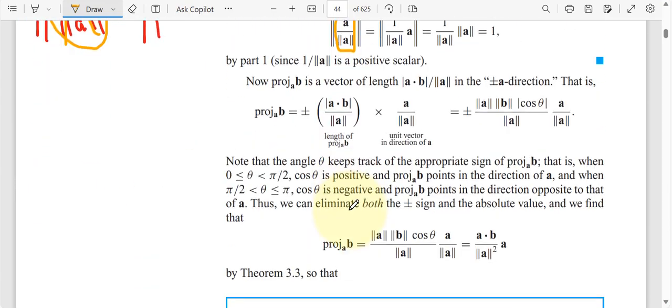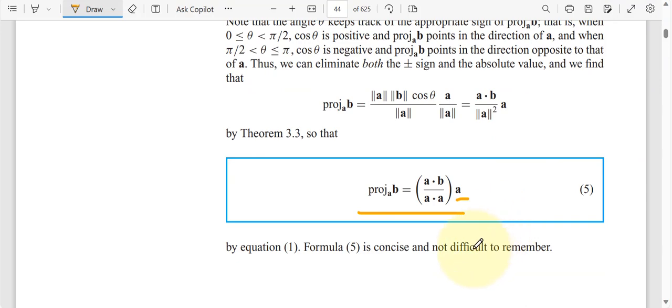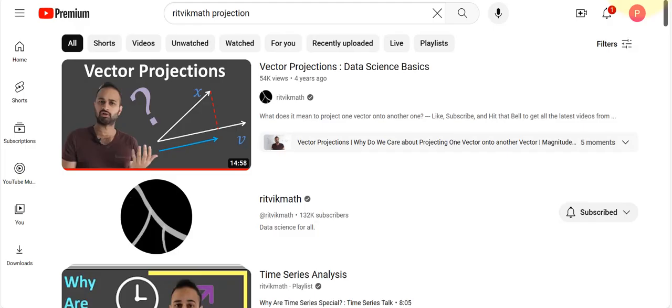So we're going to have A and then a scalar, and that gives you the projection of B onto A. Remember, it's in the direction of A, not in the direction of B. If we wanted the one in the direction of B, we'd be asking for the projection of A onto B. So this would be A, and this would be B, but that's not what we're asking. She says it's not difficult to remember, but I'm not sure about that.